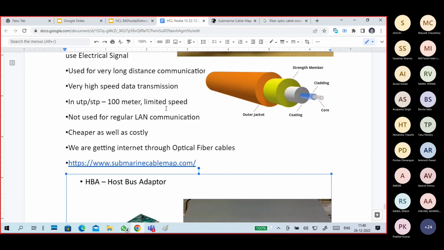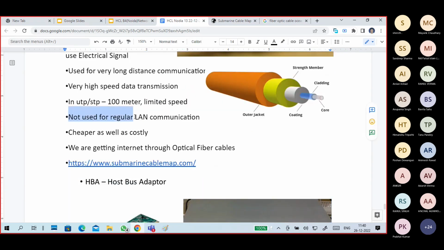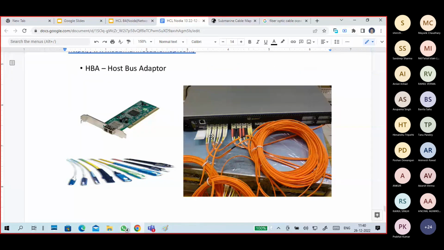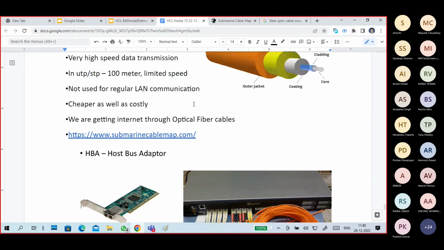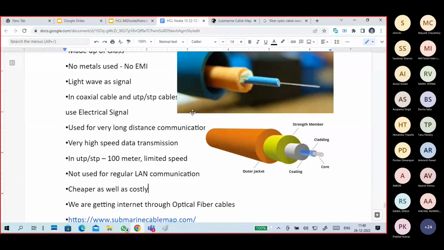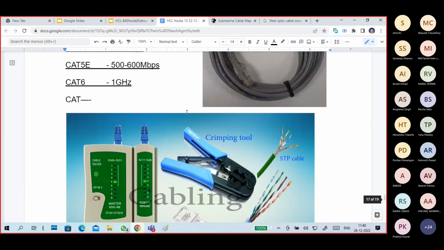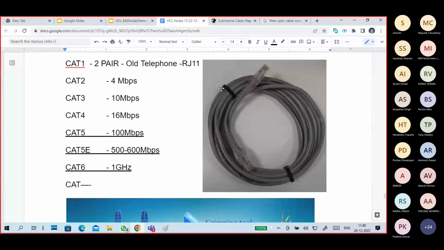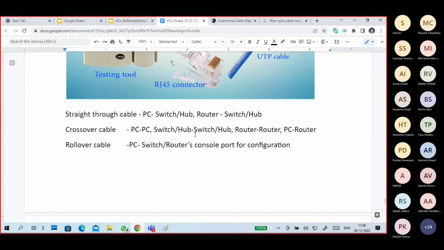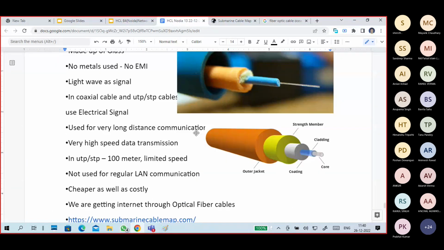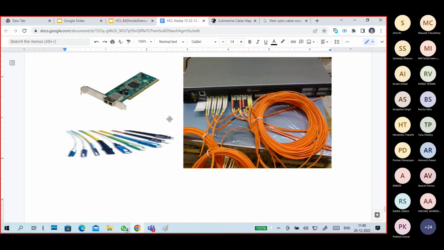Guys, I said we cannot use fiber optic cable for regular LAN communication. Why? Some people give an idea. I went to a shop to purchase a patch cable, a LAN cable, an empty LAN cable, to practice cabling and for my purposes.